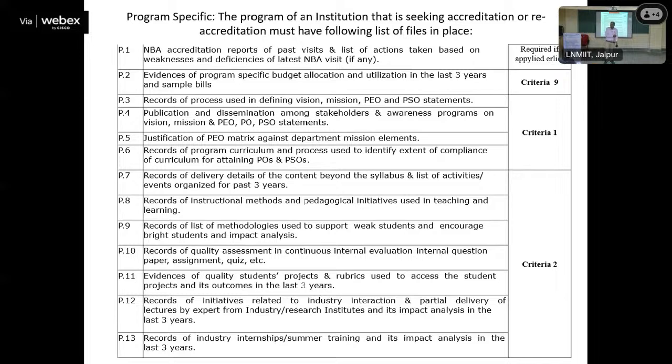Criteria number 6, faculty contribution. Then criteria number 5, faculty proficiency. Which area the faculties are working in, how many professors, associate professors, assistant professors are there, right? How many adjunct faculties are there, professors of practice. Okay. So these are all just numbers.